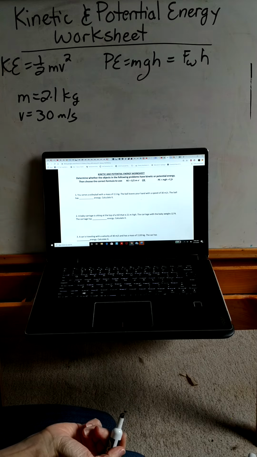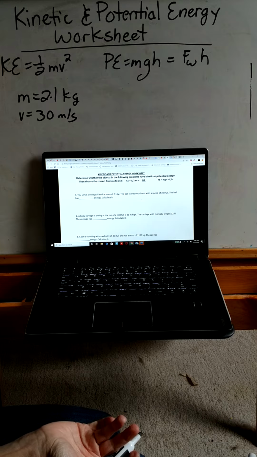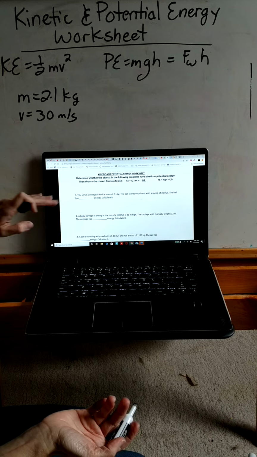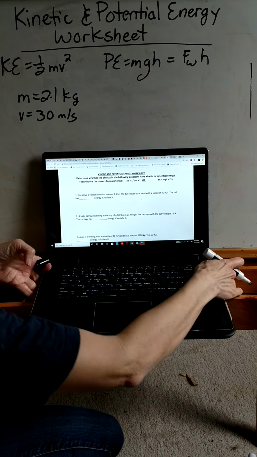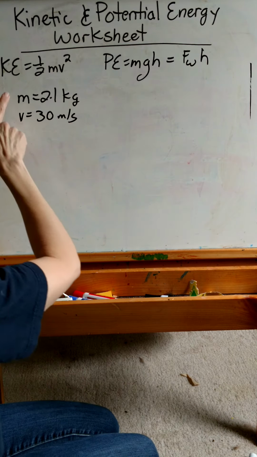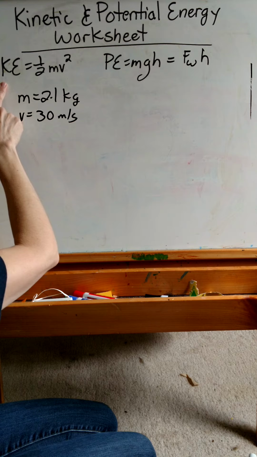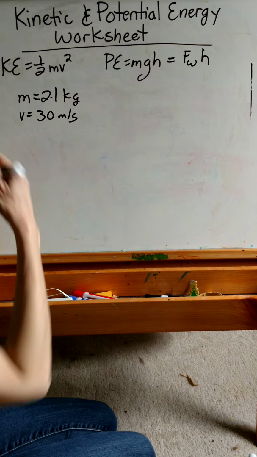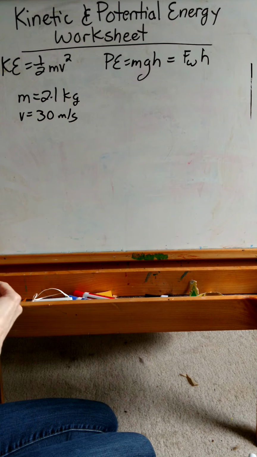Hopefully it's pretty easy for you to see we're going to be calculating kinetic energy in this case. So the ball has kinetic energy, and in order to calculate it, I have my mass and my velocity. I'm just going to substitute those values into my formula, and that's how you're going to solve the problem.